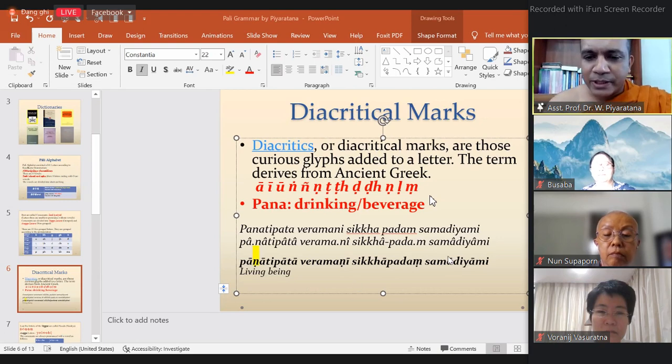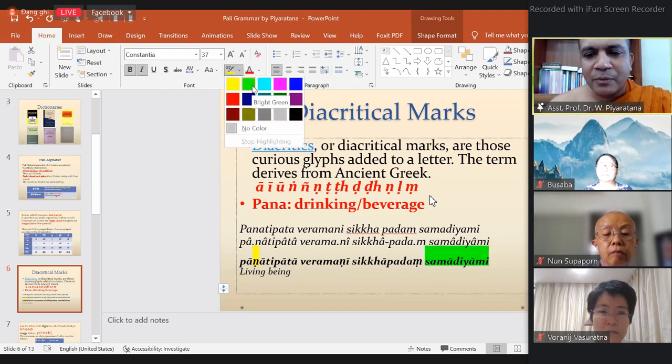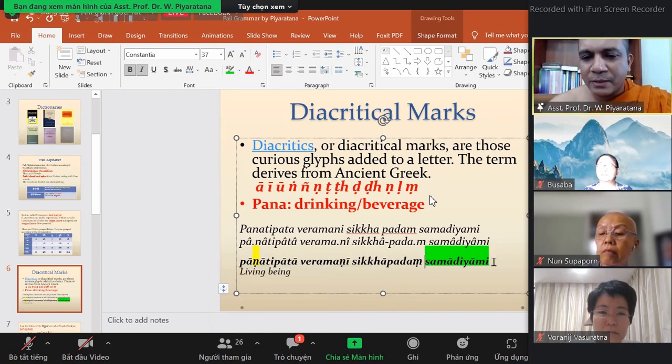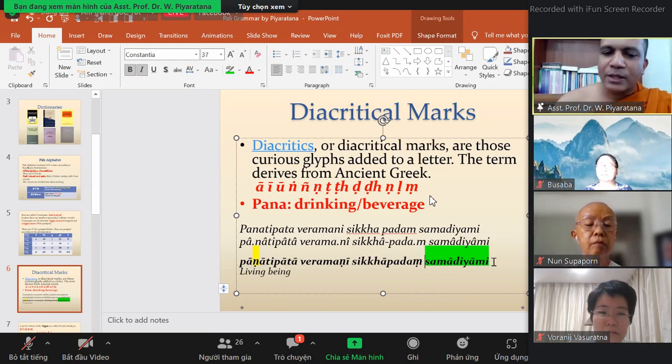But when you concern the verb of this sentence, Samadiyami, the ending mi can be used only with the subject we call aham. Aham samadiyami. Samadiyami you can translate into English as observe or undertake.